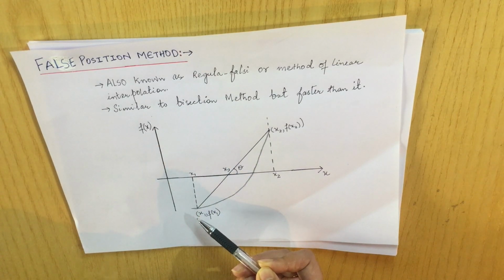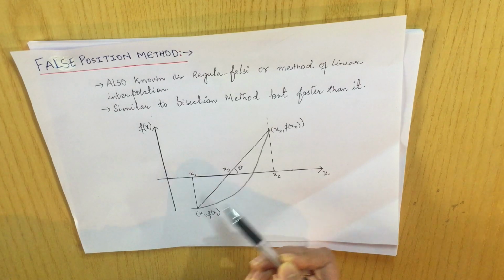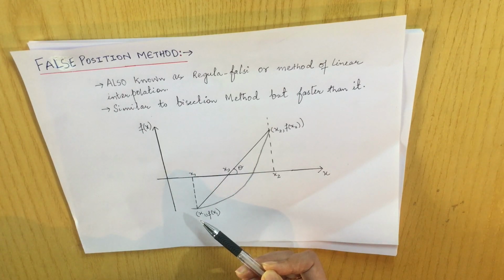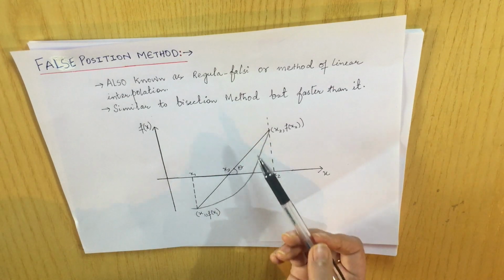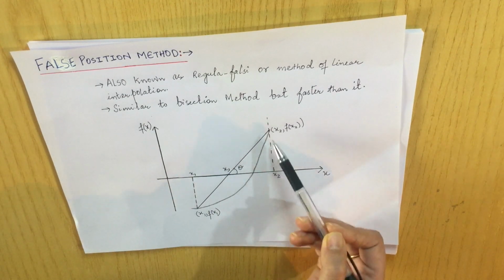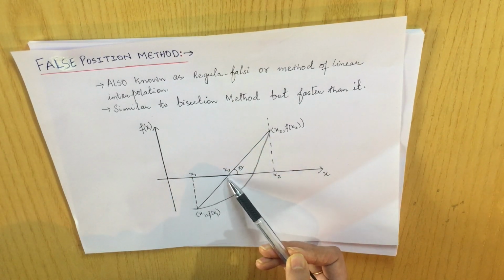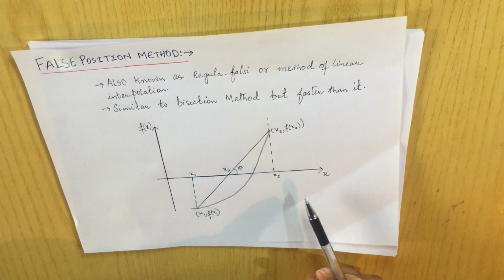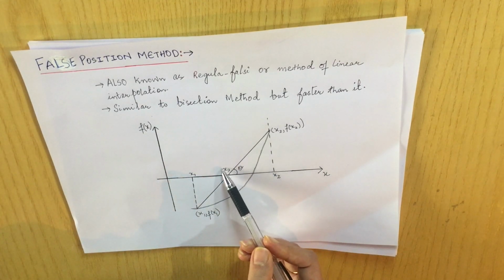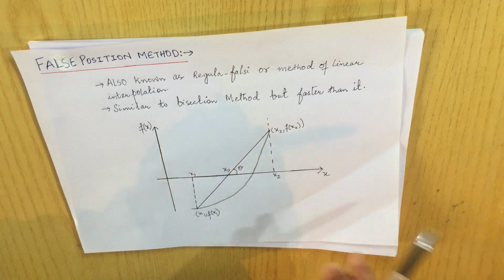As you know, the slope of a straight line is the same everywhere, so the two slopes will be equal, and therefore we can calculate the formula for x3.